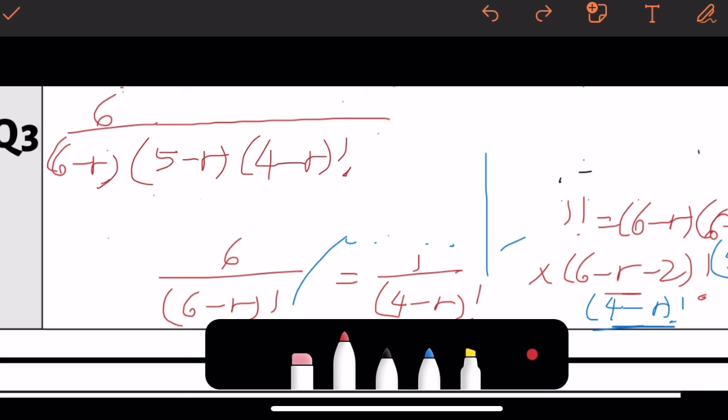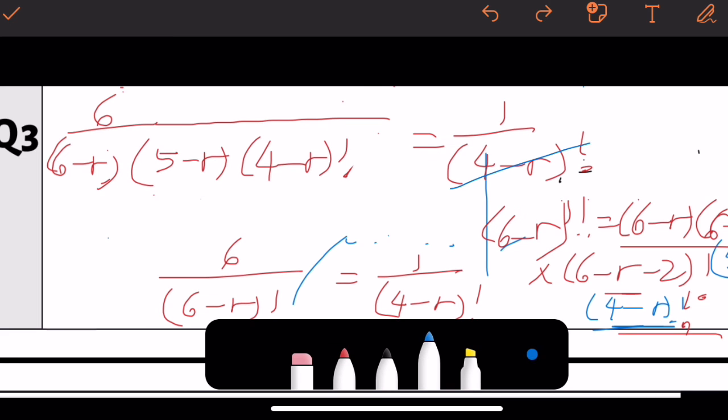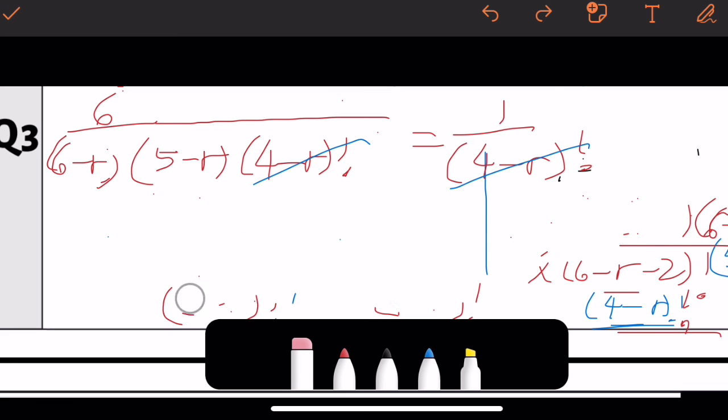As you can see here, I just show you. 6 minus R factorial, I can expand like this. So this thing is equal to 1 over 4 minus R factorial. My purpose is to cancel out this 4 minus R factorial, right? It seems very simple right now, isn't it?